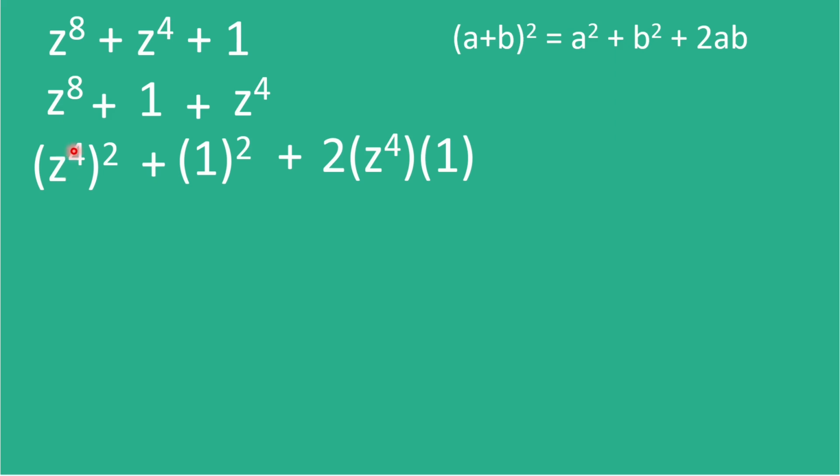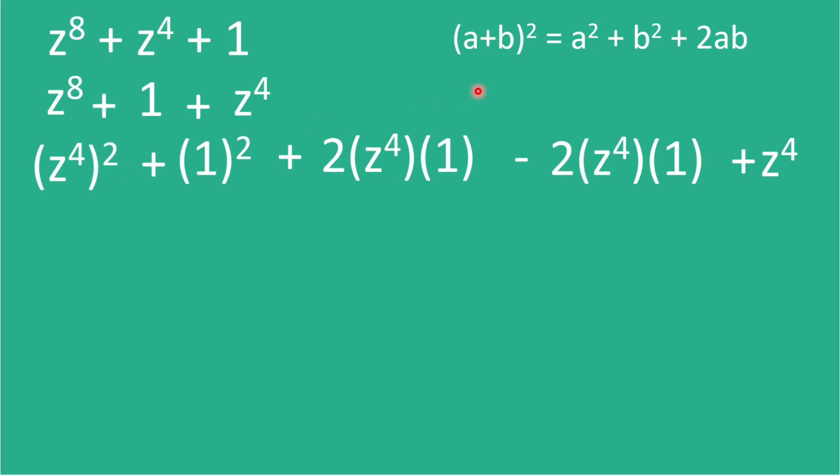We have z power 8 and 1, but we do not have 2z power 4 into 1. So we have added this on our own. Therefore, to balance the expression, we will subtract 2z power 4 into 1, and finally we will add plus z power 4.